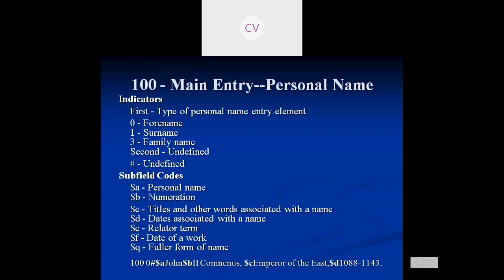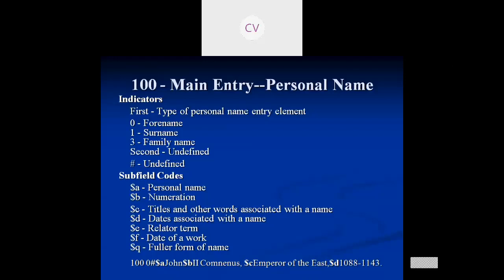What kind of a name is it? Is it a forename? Is it a surname? Is it a family name? It is a surname. Actually, it is a given name, and a given name is considered as a surname. So, in this case, it will be 1.